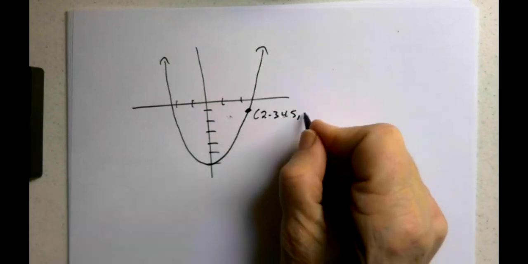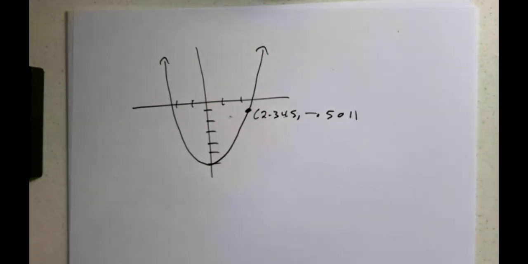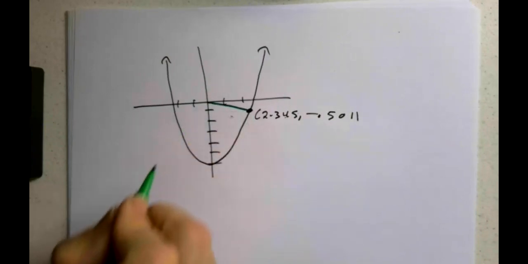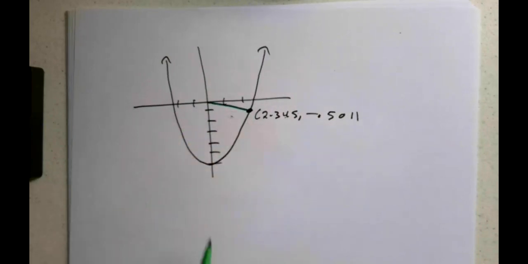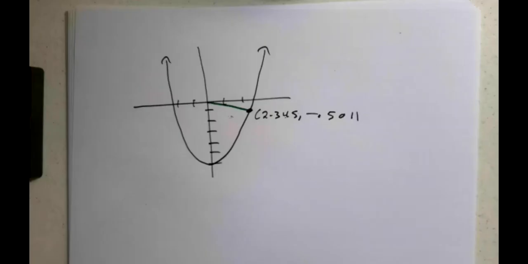We said the Y value is about negative 0.501. And the distance that we received from the minimum finder on the graphing calculator was about 2.398, if you'll recall. I'll show you what I mean by that. When we did that minimum, Y1 is the distance. With the X value of 2.345, the minimum distance was about 2.398.